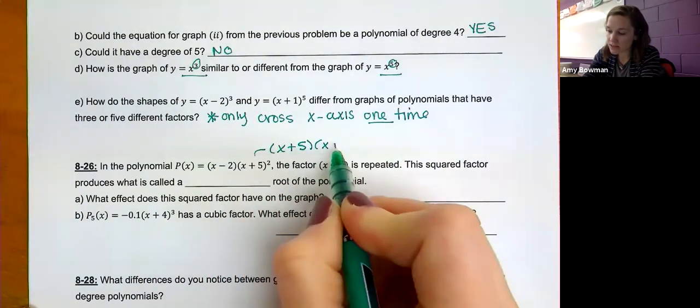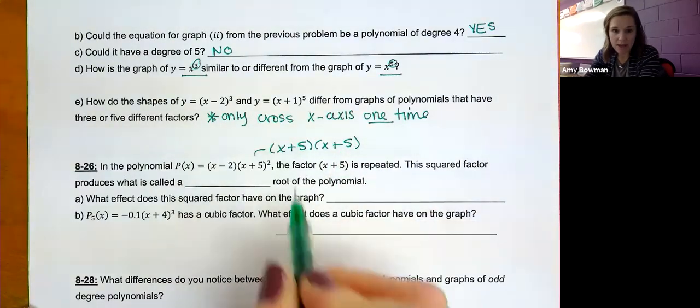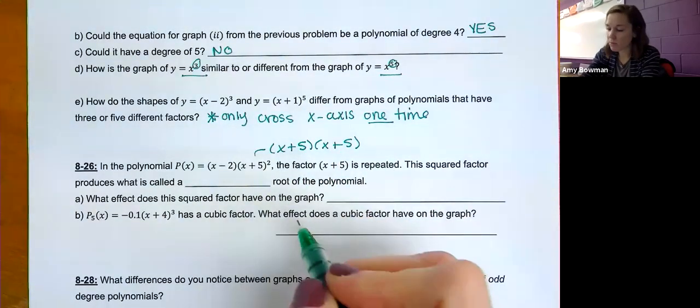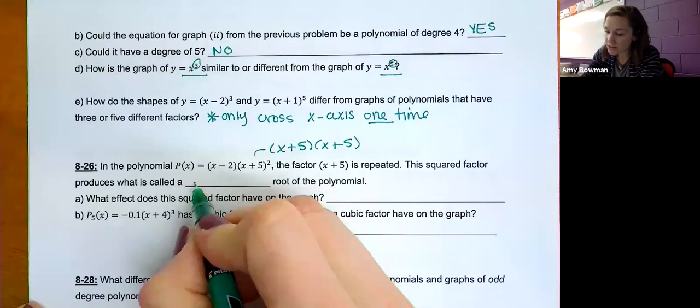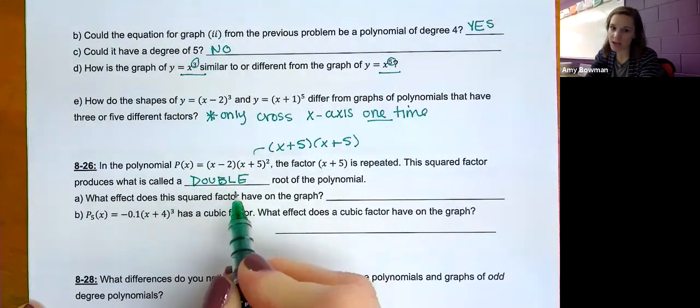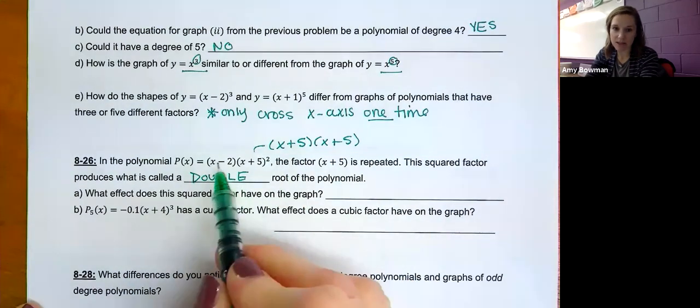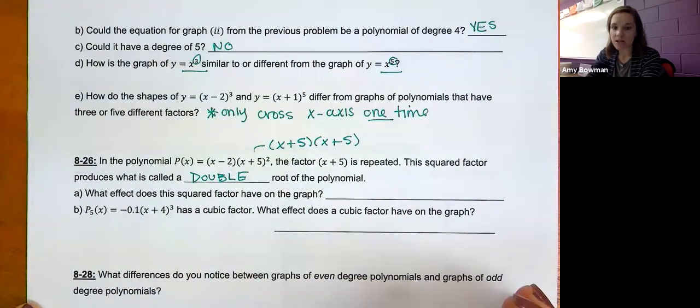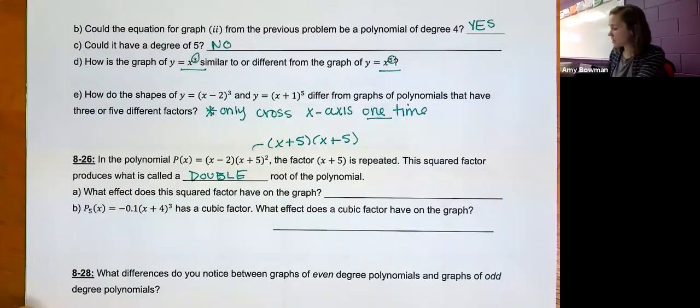We see this happening twice, and we call this a double root of the polynomial. We're going to see what happens at a double root because it is different than what happens at something like x minus 2. So first we're going to answer what effect this has on the graph.